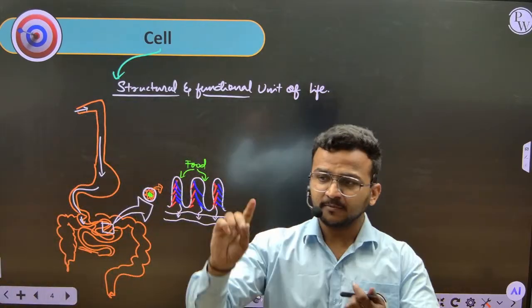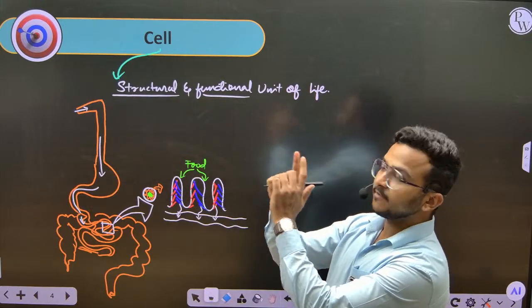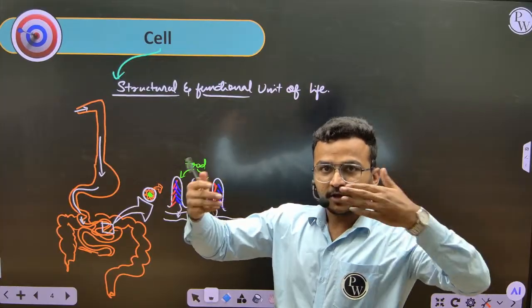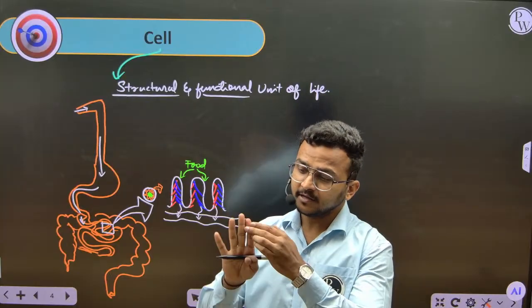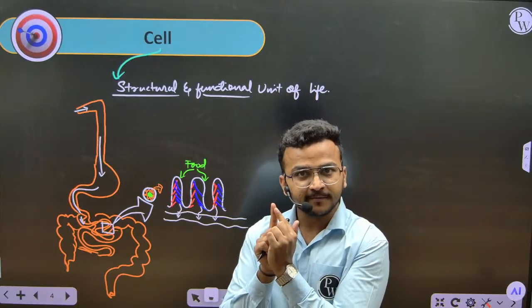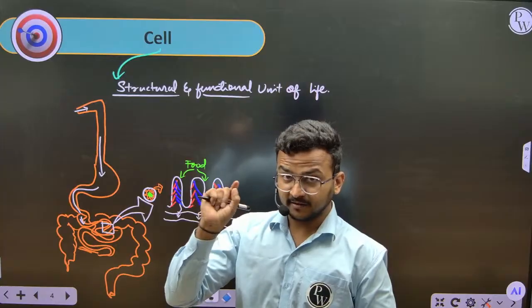Now, if I am writing with this, holding the pen, my cells present in this part, the human body is completely made up of trillions of cells, you might have heard. This finger also has some cells, and these cells require energy.